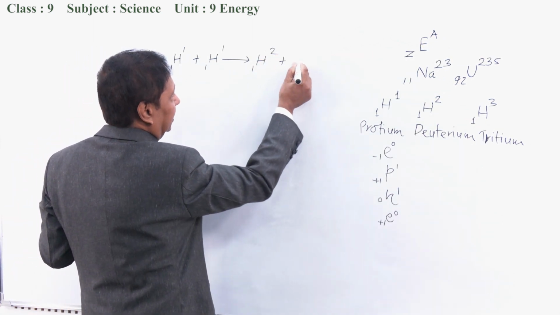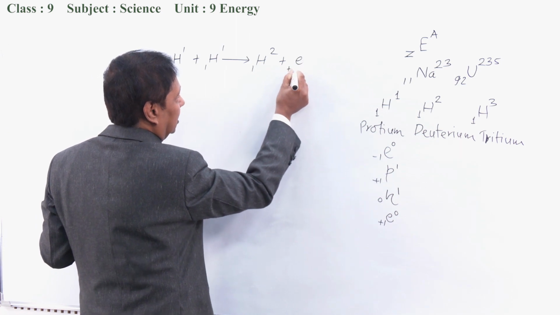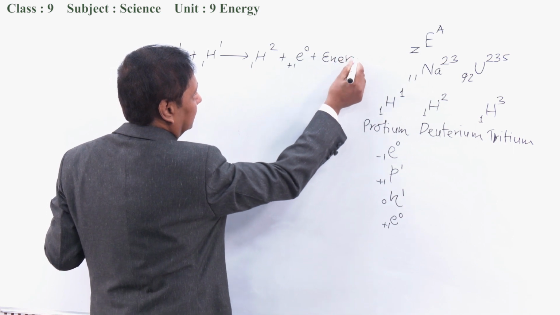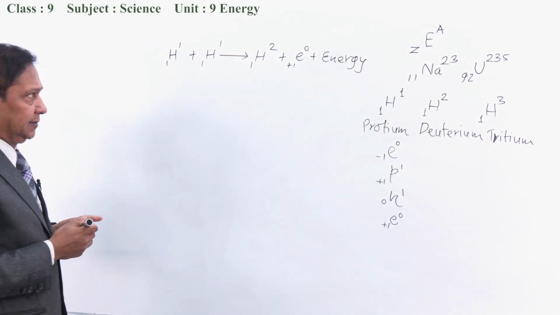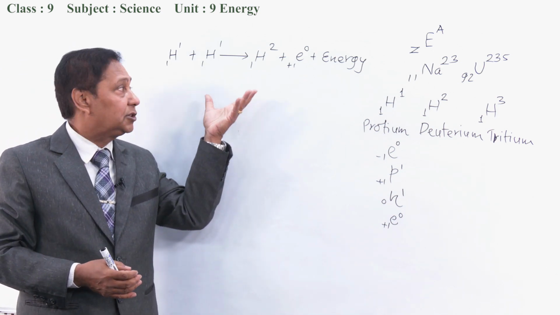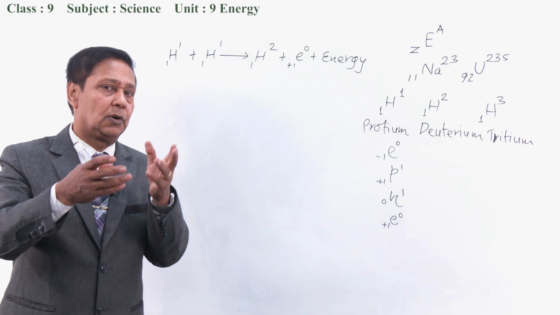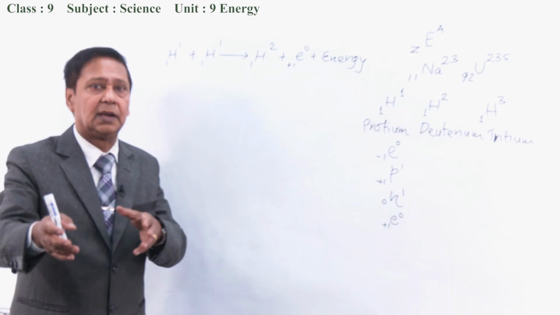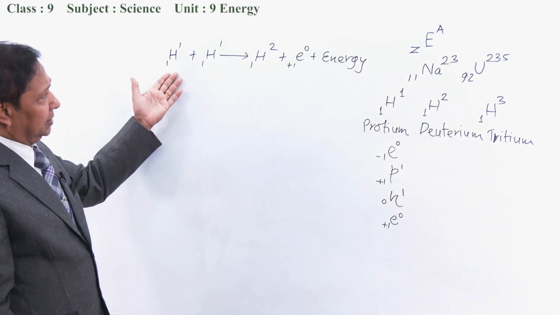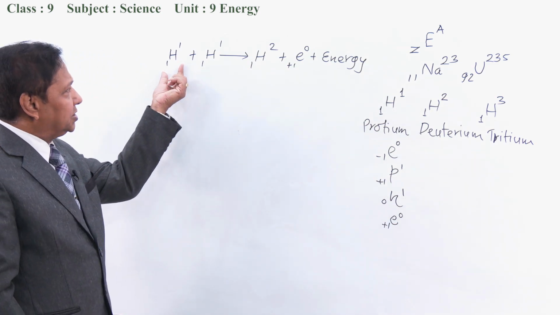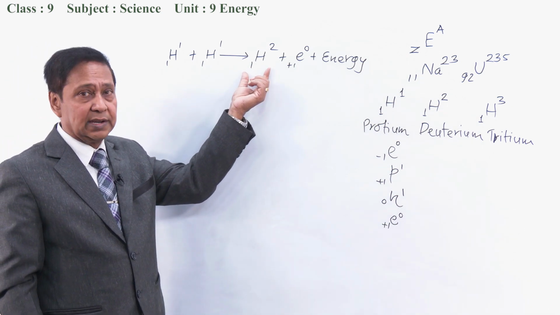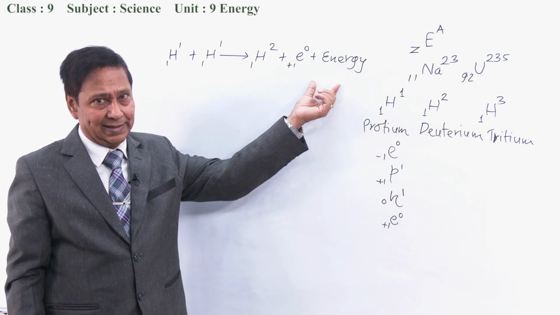In this process, a positron is also produced along with a tremendous amount of energy. Look at this reaction. I am writing the nuclear reaction in steps. There are 3 major steps. It is represented differently in different books, but I am following your book. This is the first step: protium combines with another protium and forms deuterium along with a positron and energy.